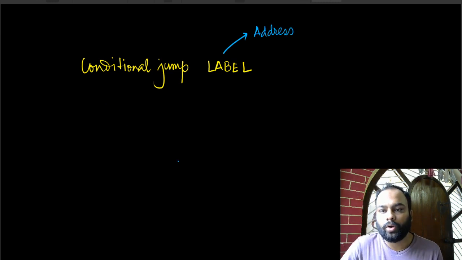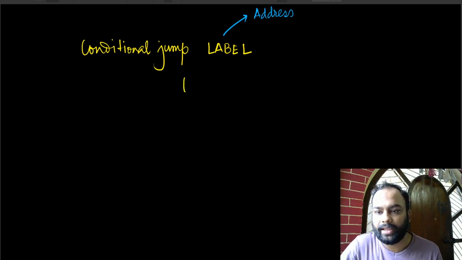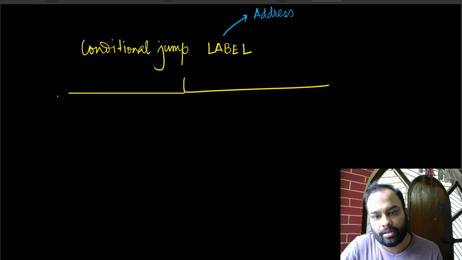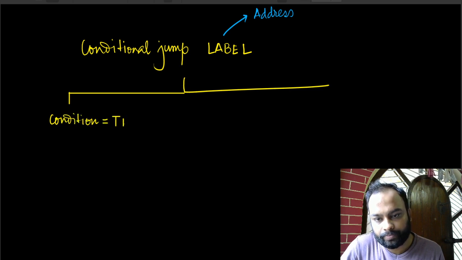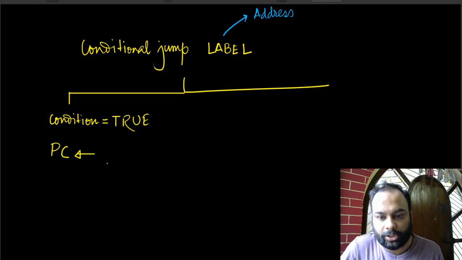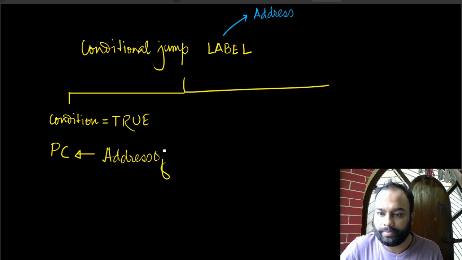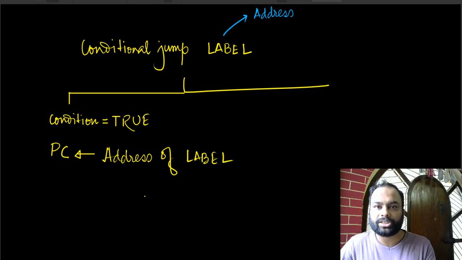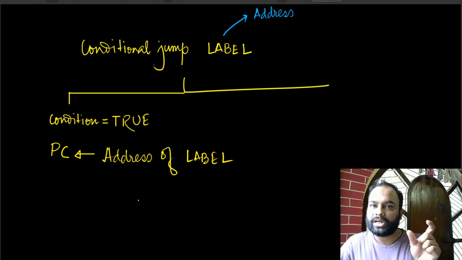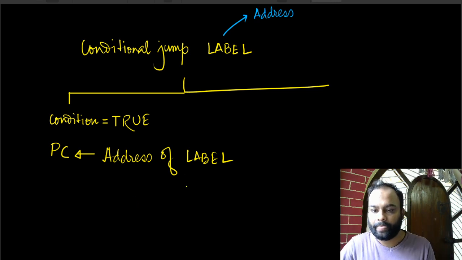So with that said, if the condition is true, then the program counter is set to the address of the label, so that the next instruction that is executed is the instruction which appears with the label, right?